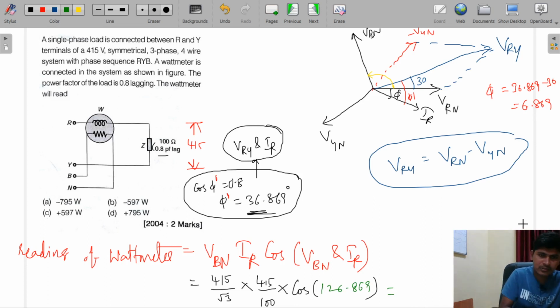Okay, let me use the calculator. Then 415 into 415 into cos of 126.869 by 100 into root 3.